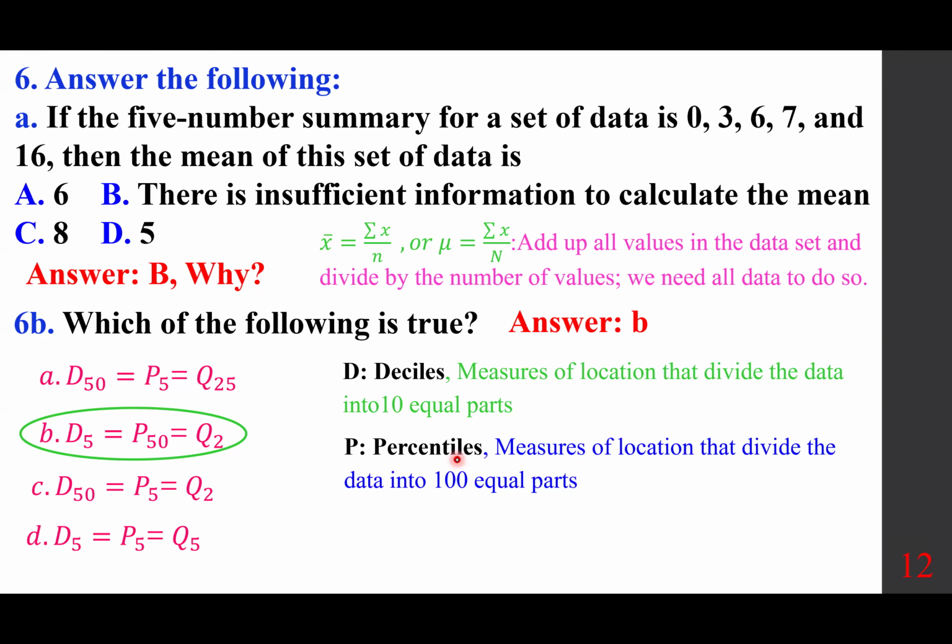Percentiles, or short P, are measures of location that divide the data into how many? 100 equal parts. Quartile, for short Q, measures of location that divide the data into 4 equal parts. Therefore, D5, P50, and Q2 are identical according to this definition.